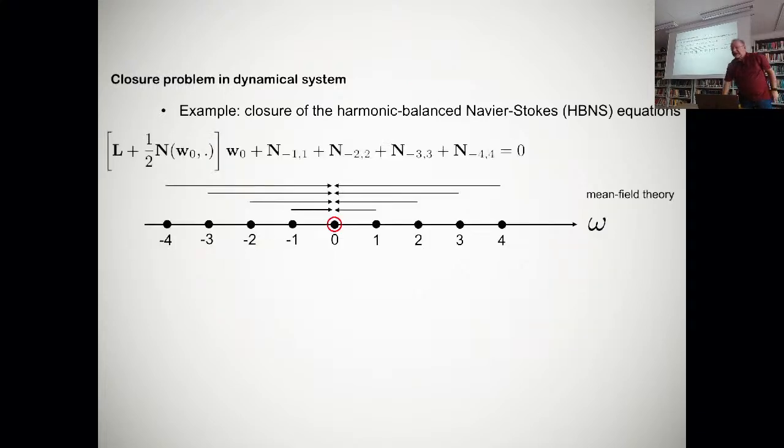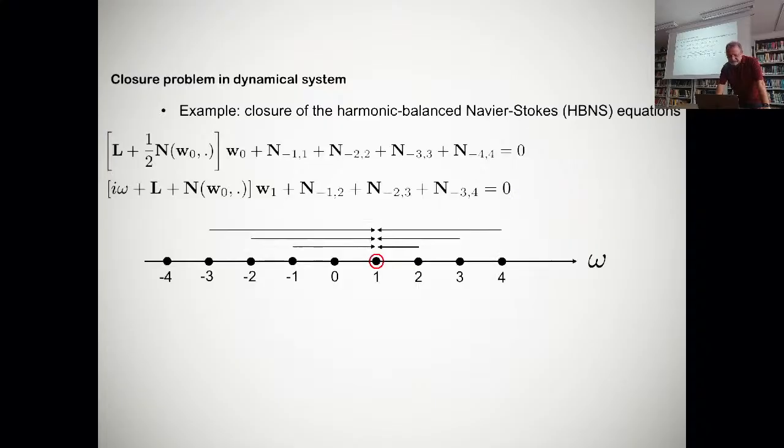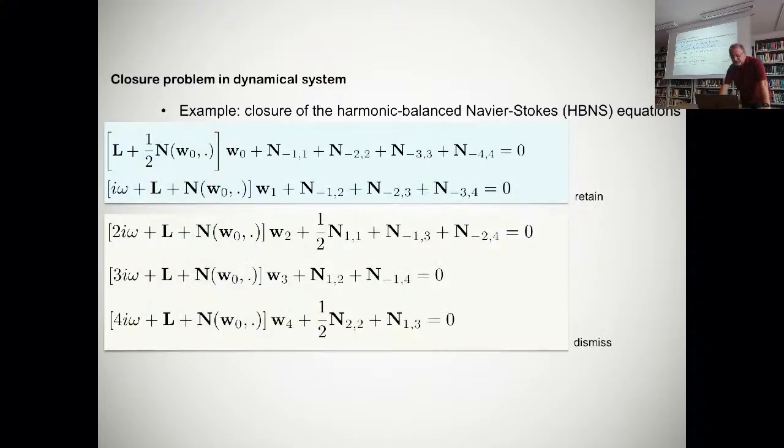So I'm going to do an example where we keep 4 frequencies plus the mean flow. So 5 equations altogether. This one is the mean flow interaction. That's the next one, and so on. So these are all 5 equations for the 5 frequencies that we keep, 0, 1, 2, 3, 4.